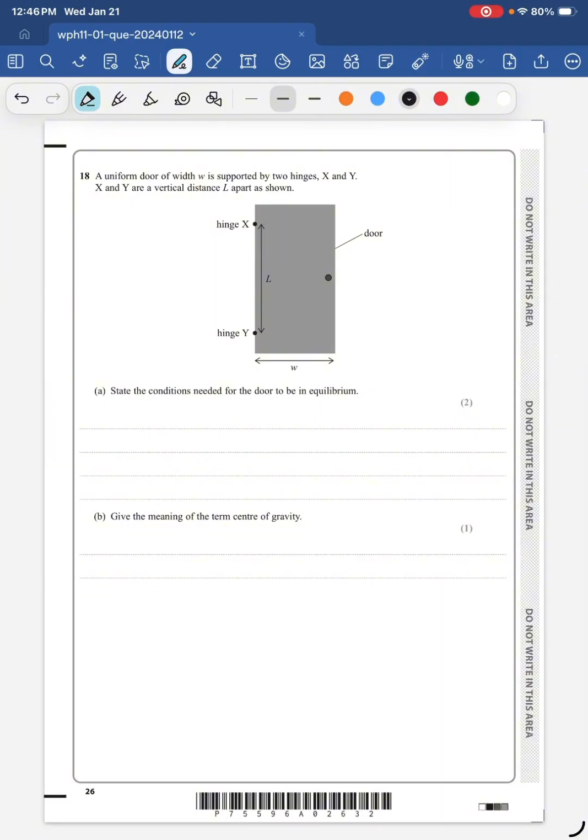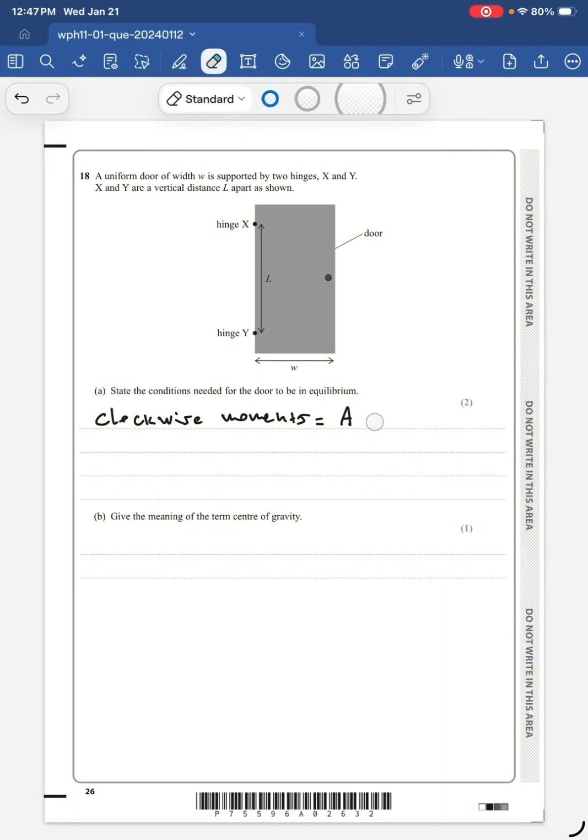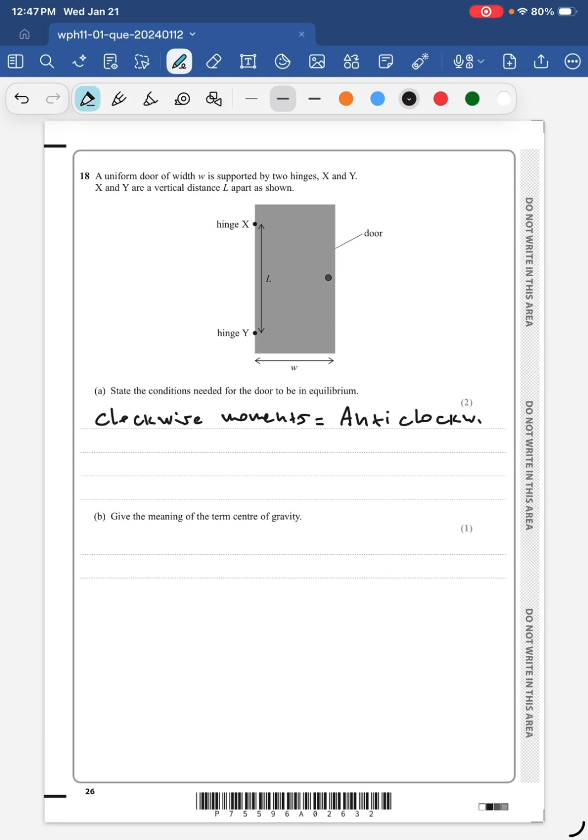Okay, so the clockwise moment should be equal to the anti-clockwise moments.